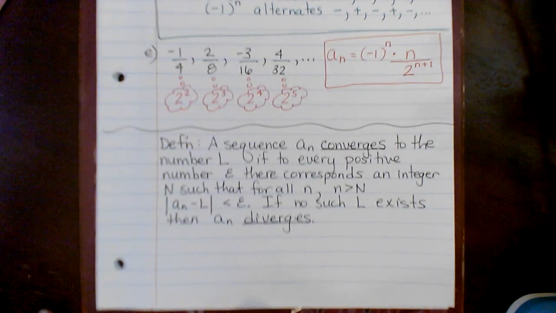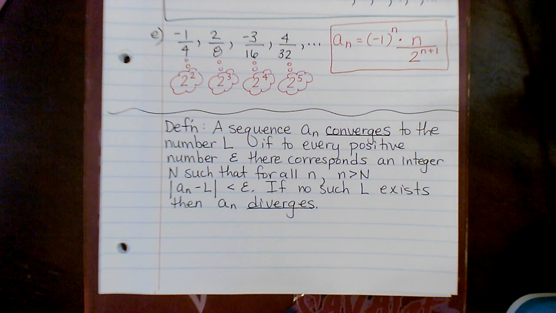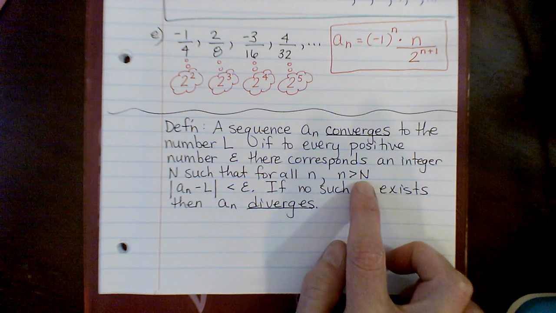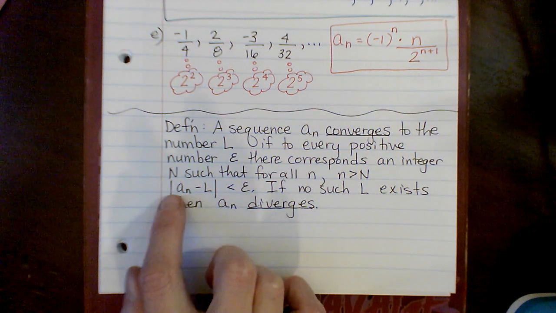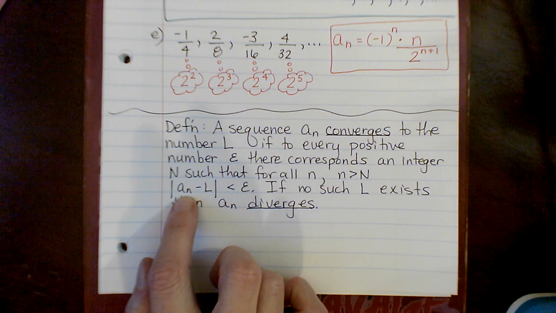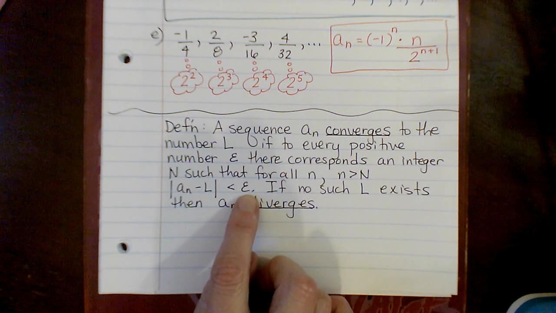Okay, so next up, our definition for what it means to converge and diverge. This is a very formal definition here. A sequence a sub n converges to the number L, because it's a limit, if for every positive number epsilon there corresponds a number N such that for all little n bigger than this big N, the distance between the limit and the terms of the sequence is smaller than this epsilon.